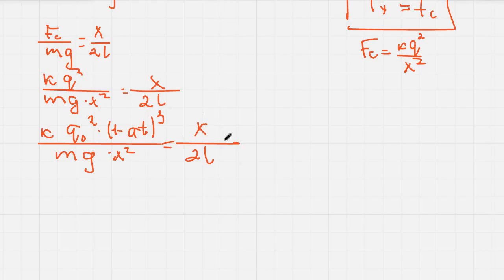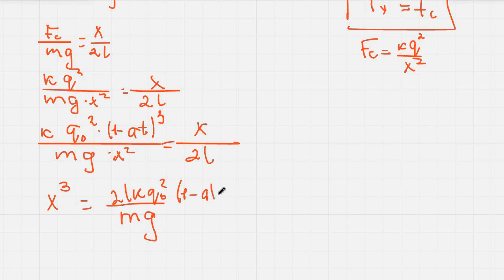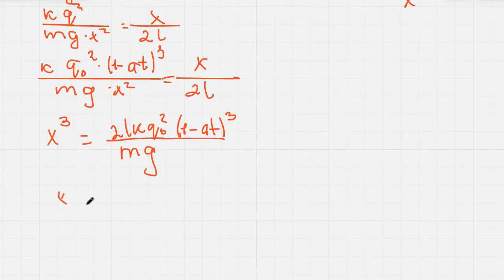Now let's find x. x to the power of 3 equals 2L k Q0 squared (1 minus a t) cubed over mg. Now let's find x.